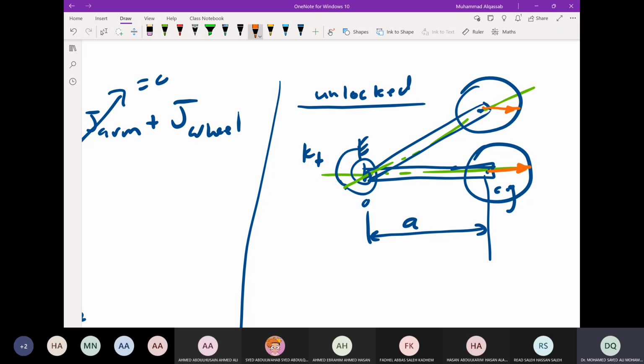This is for the unlocked. Unlocked means that the wheel can rotate about the axle point, the axle of the wheel, which is like a pin connection. The wheel can rotate about the pin point, about the pivot point, which we call the axle. So there is no rotation here.